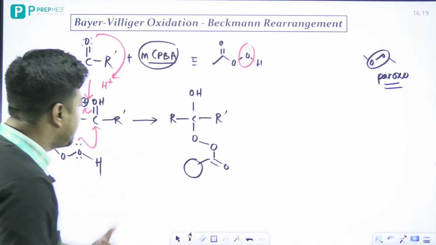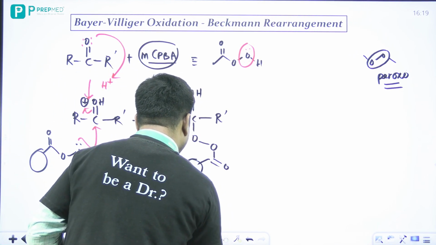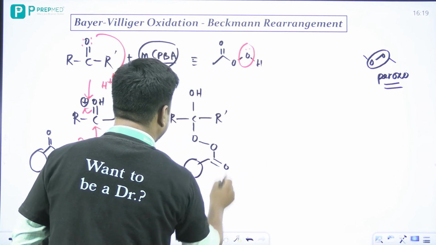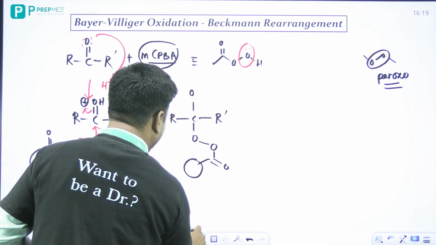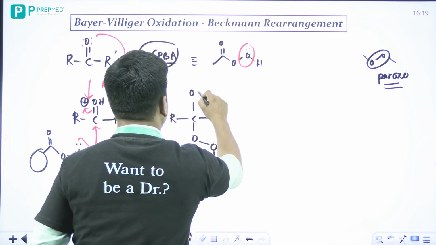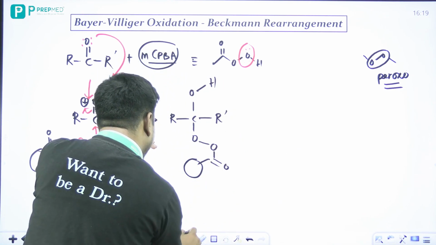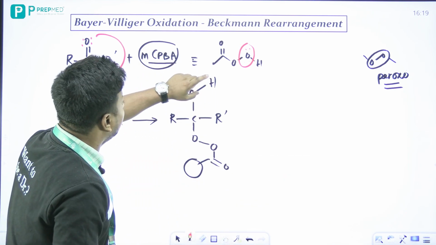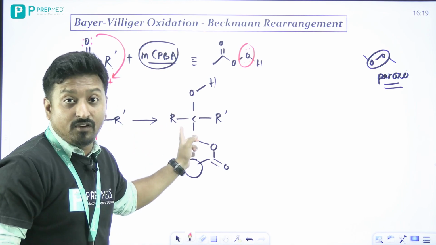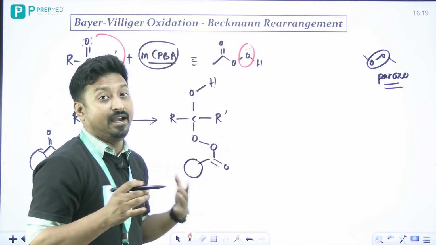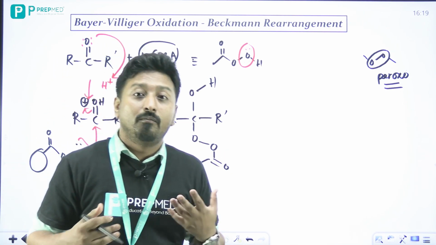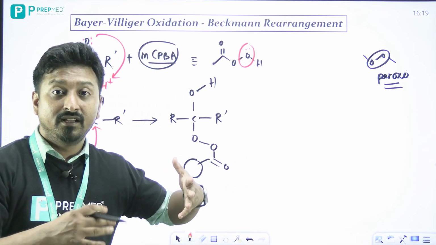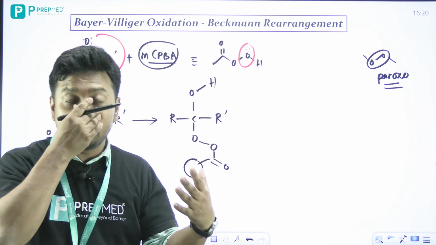Correct. Next step, what happens actually? Now the next step is very interesting. While this OH is turning back here, any one of the R groups which has a higher migrating aptitude will migrate. Migrating aptitude is the tendency to migrate. The group which has a higher tendency to migrate.